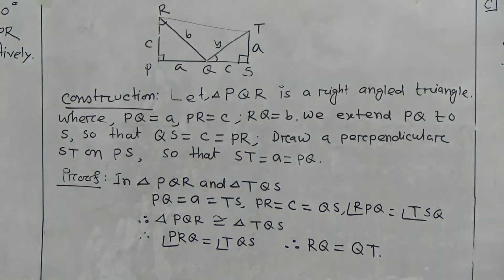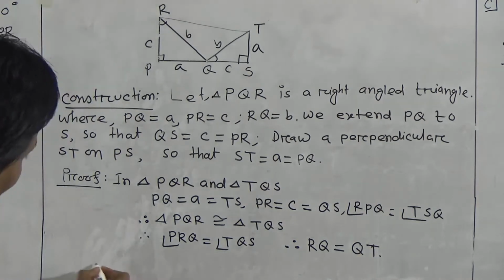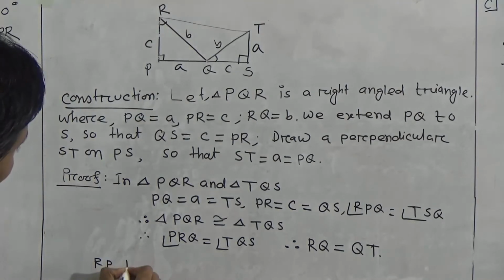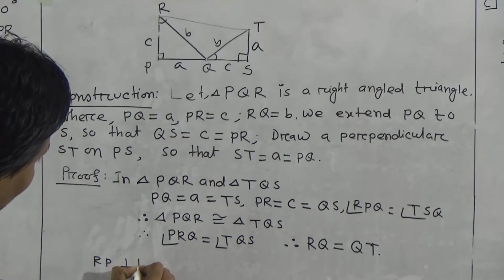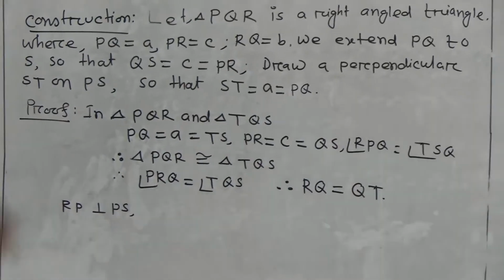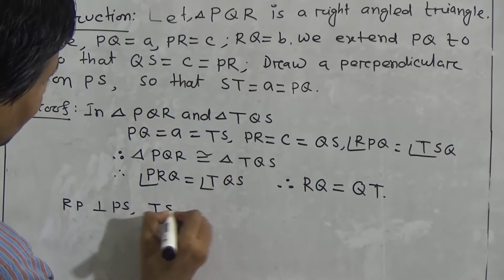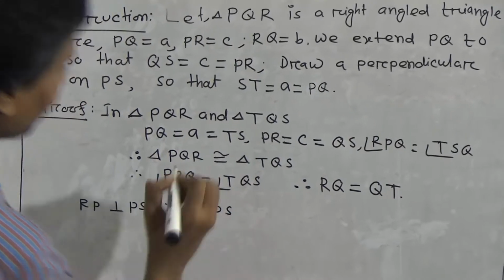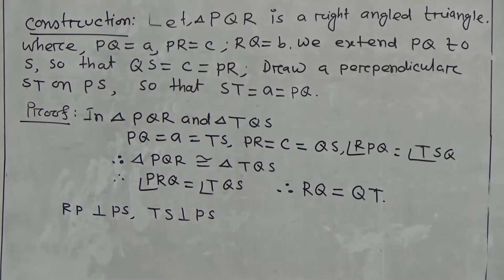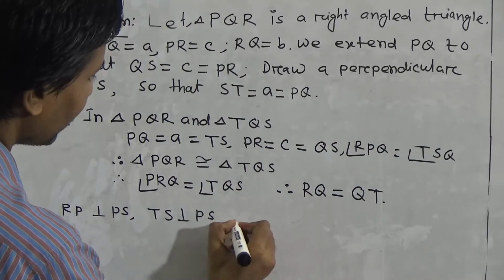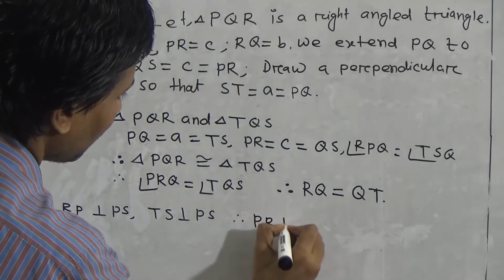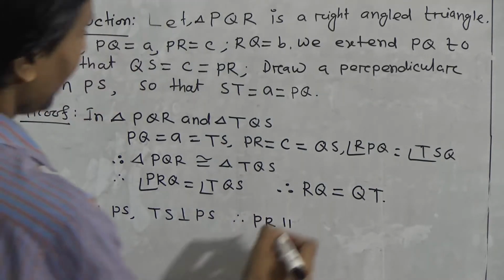Dear student, now you see RP is perpendicular on PS, and TS, you see TS perpendicular on PS. Therefore, we can say PR parallel TS.